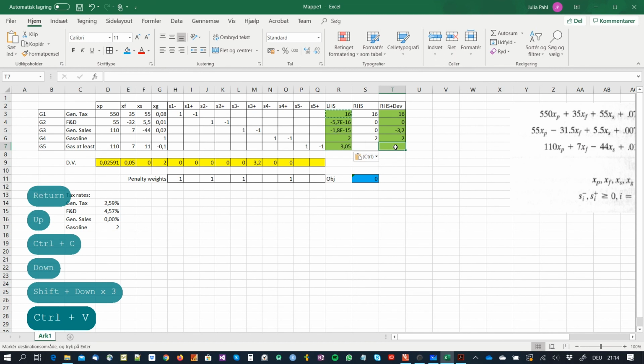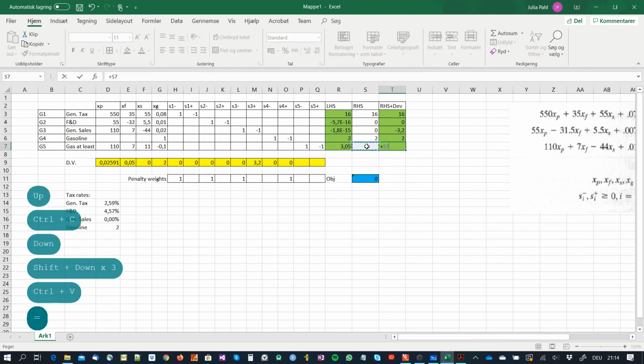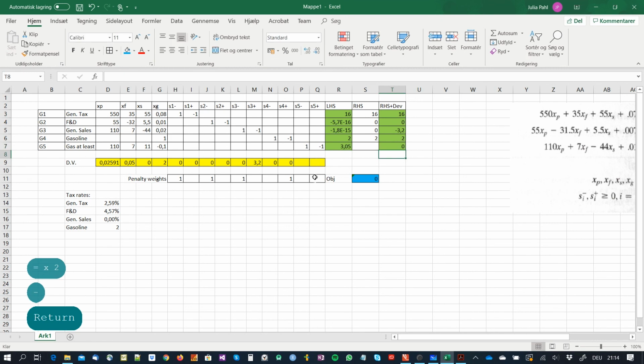And we want to include also the right-hand side. And now the constraint was smaller or equal, so we penalize exceeding this goal. We want to keep it smaller or equal, so we penalize the S5 plus. And we also need to extend our objective function accordingly.